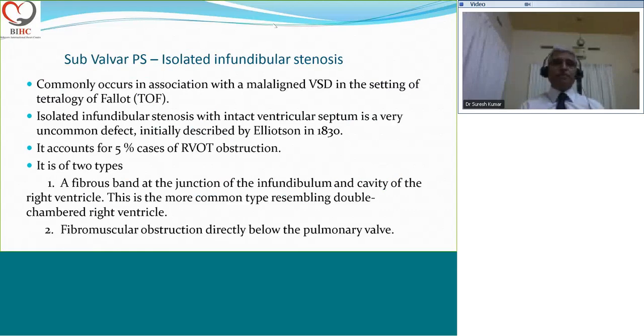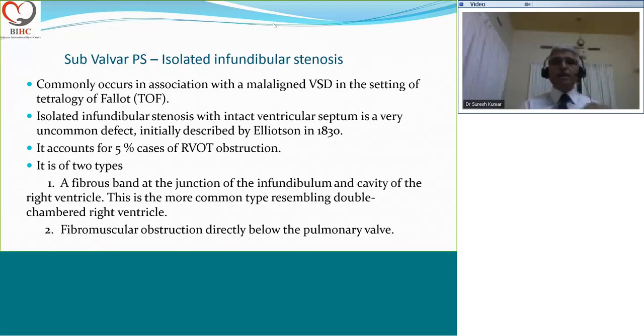Now from valvar PS, if we move away to the subvalvar region, isolated infundibular stenosis is a very rare thing. More often, infundibular stenosis is associated with a malaligned VSD and you call it tetralogy. Isolated infundibular stenosis is less than 5% of RVOT obstruction, and the anatomic substrate may be a fibrous band at the ostium of the infundibulum.